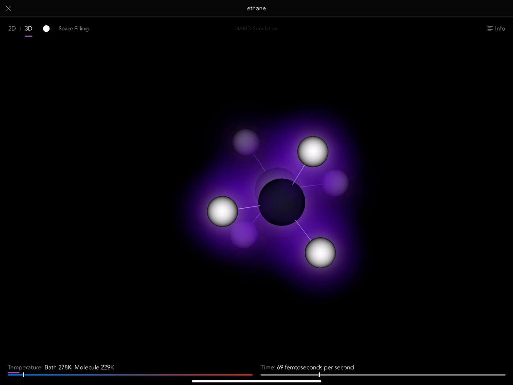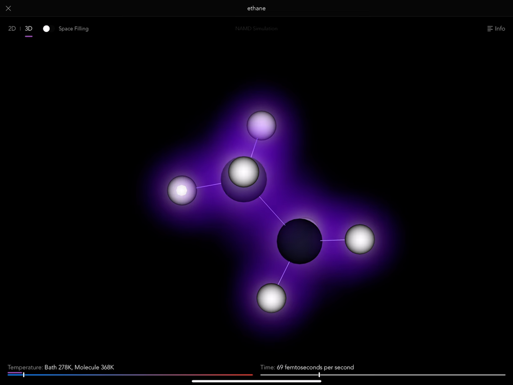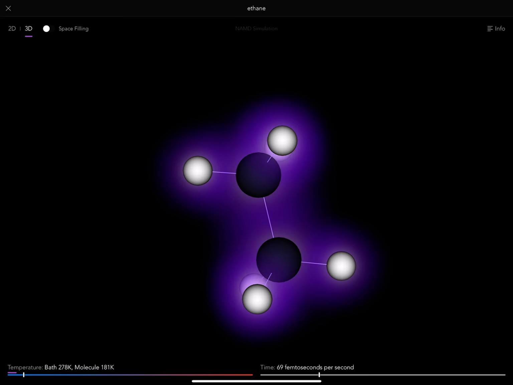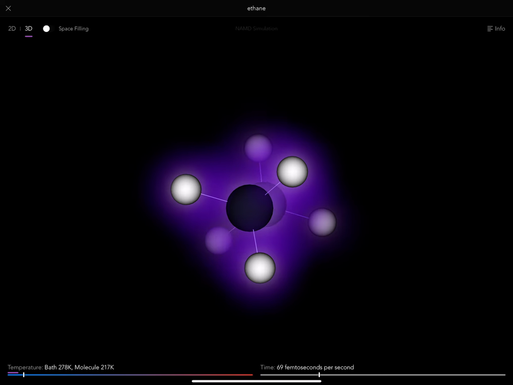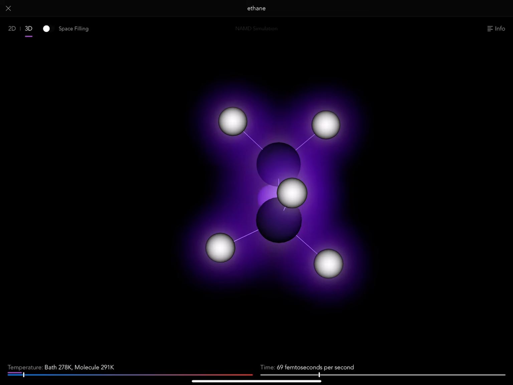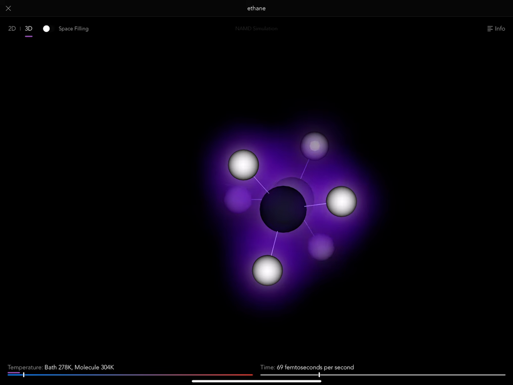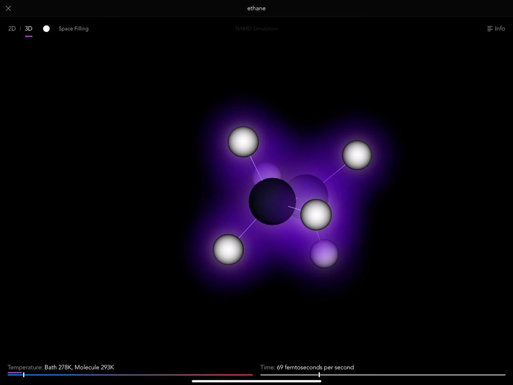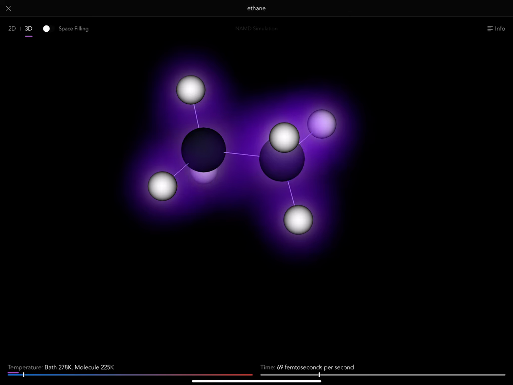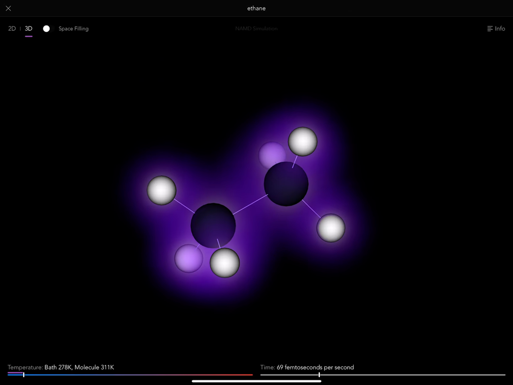Did you see that? Did you see it go through a conformation where the CHs in front were lined up with the CHs in back, and then it went, right? The reason for that is, in purple, you're basically seeing the distribution of electron density around this molecule. And it turns out that if you line up the CHs in the front and the CHs in the back, there's electron-electron repulsion.